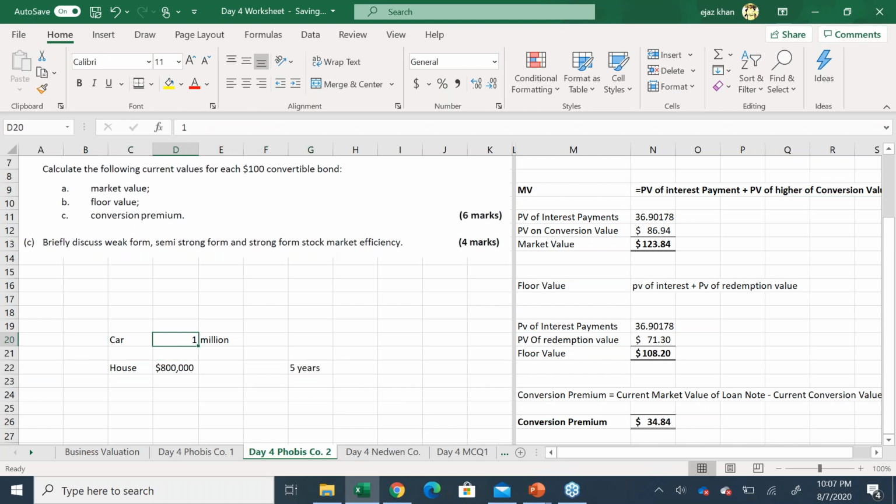So you have already given 1 million against these 800,000. So by how much this 800 has to grow to justify your investment? Tanzib, how much the value of a house has to grow to cover your 1 million? 200,000, and that's called conversion premium.